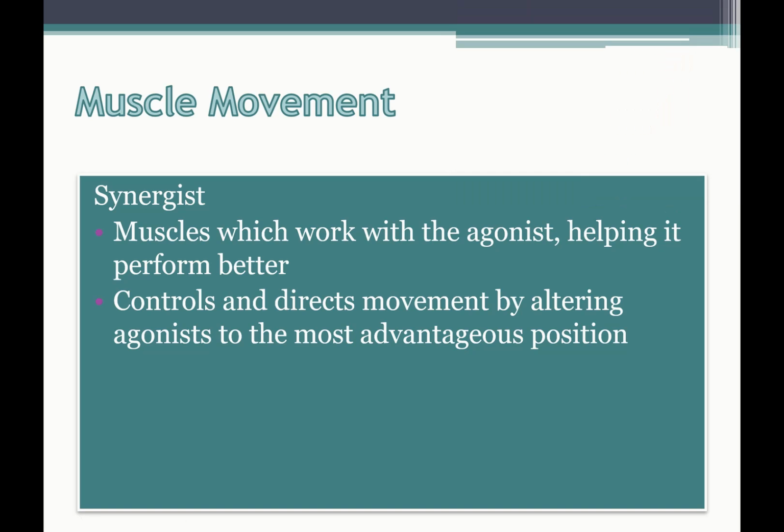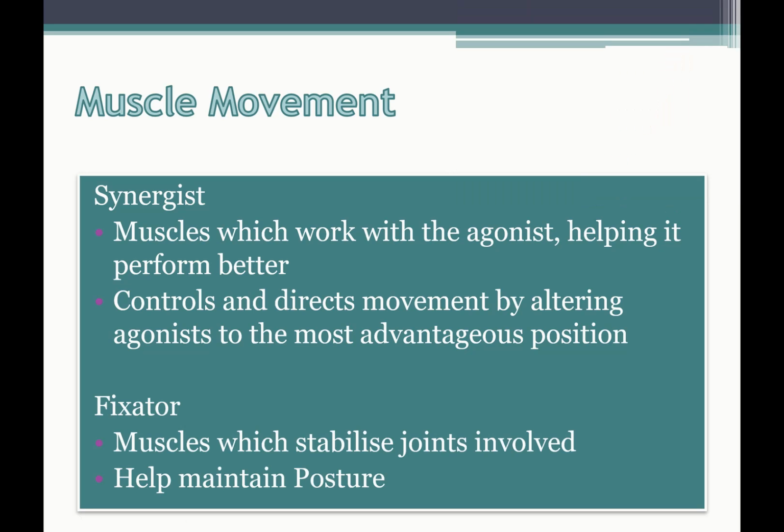And then the last key term that you need to be aware of is what's known as the fixator. So this completes a team of muscles which are working together in order to produce movement. And the fixator is all about keeping the muscles stabilized and the joint in a stable position so that our posture and our technique can be maintained. So again, if we talk about the example of the bicep curl, we have the brachialis, which is the synergist.